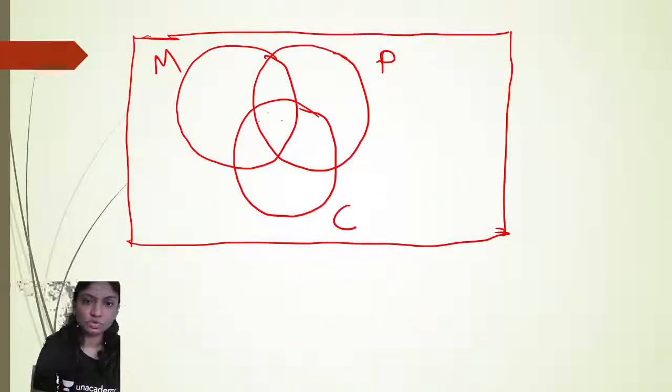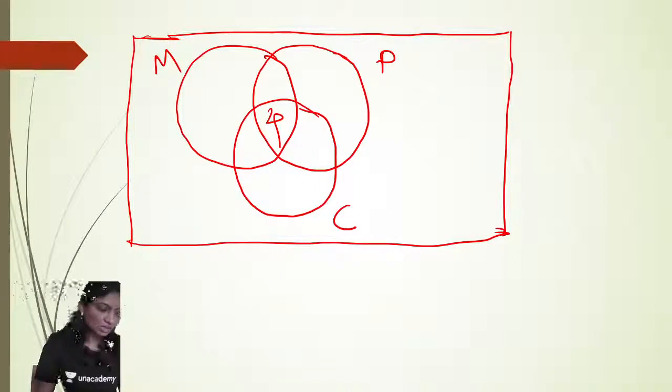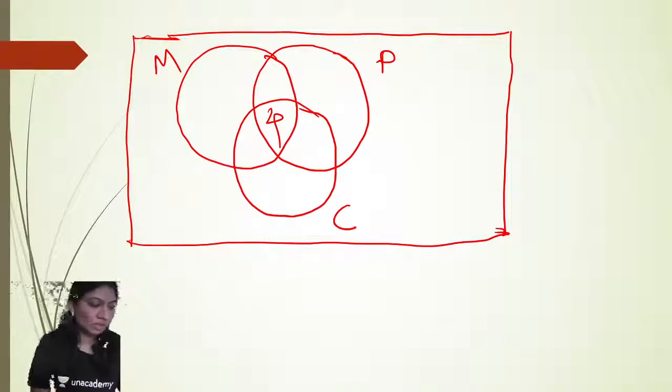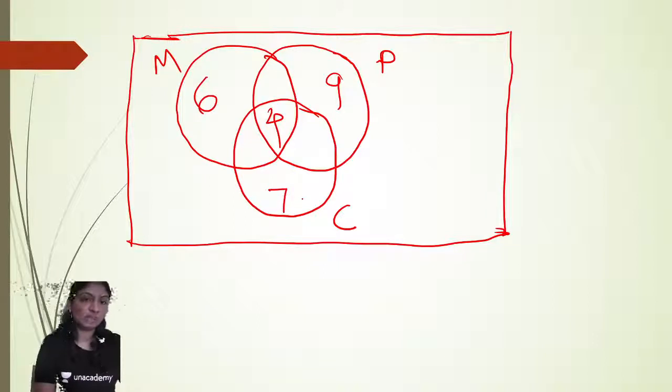There are 4 students who study exactly all the three subjects. Okay, now we have already calculated that the students who study only maths are 6, right? Who study only physics are 9, who study only chemistry are 7, right?